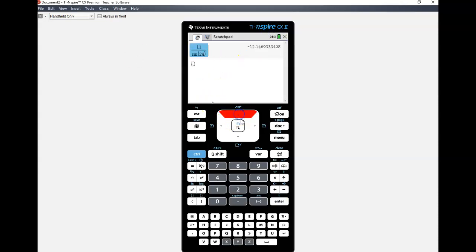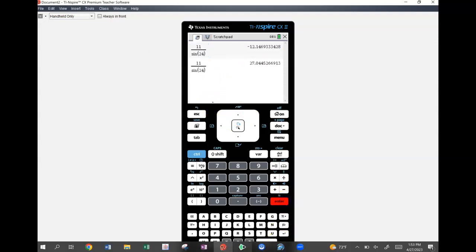So now you can just bring this one back, press enter, and look at what a different answer you get. Do you see how different the answer is? So many students have lost many points because their calculator was in the wrong mode. Guess whose job it is to put their calculator in the right mode? There you go. Yep. Okay, we're going to do all of that in this chapter.